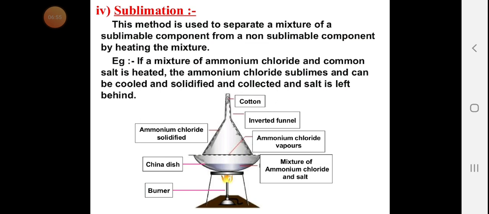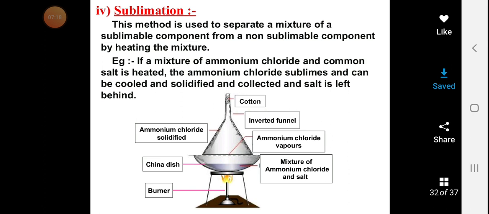Now the fourth method is sublimation. For sublimation, first you need to remember what sublimation is. Sublimation is conversion from solid to gas without converting into liquid. In this method we separate a mixture of sublimable components from non-sublimable components by heating the mixture.